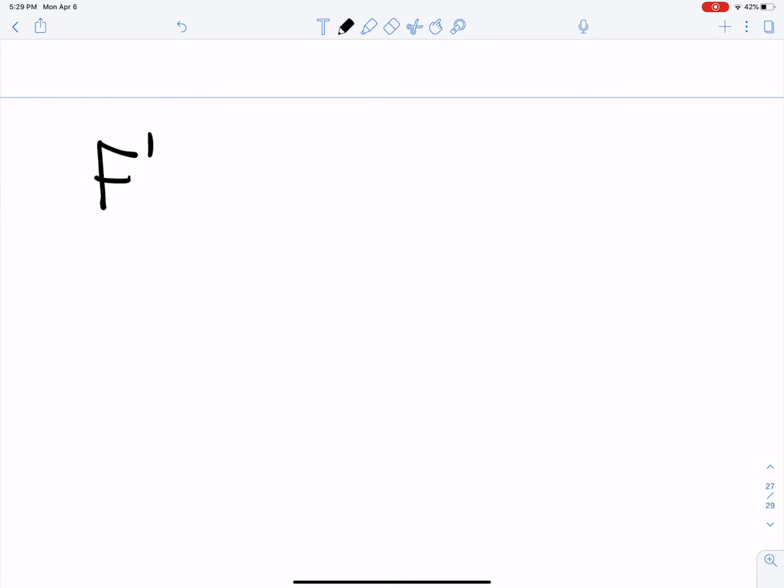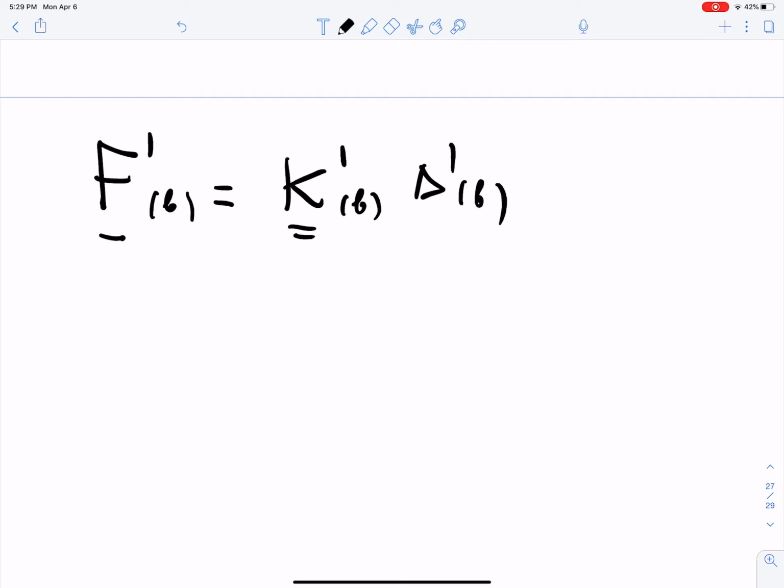And then you extract the nodal forces. Okay, F prime, right, for element B will come from two contributions. You get K prime for element B, delta prime for element B, which we just did. Okay, extracted that from the solution, plus whatever you added as the vector of equivalent forces.